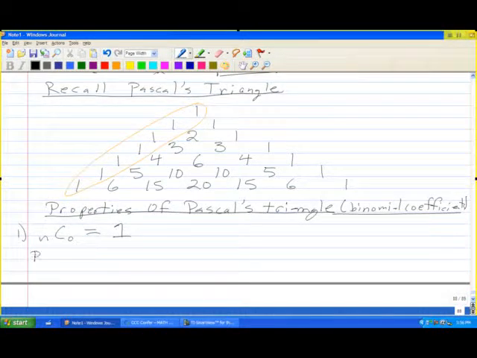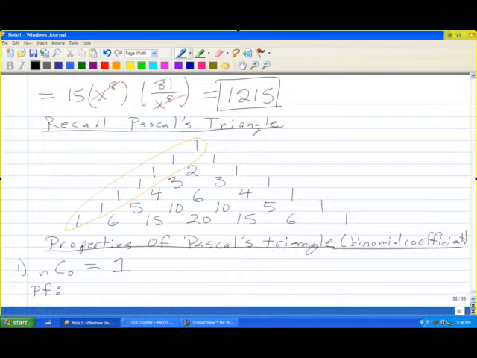And so let's show that. So let's recall also that nCk is equal to n factorial over k factorial times n minus k factorial.